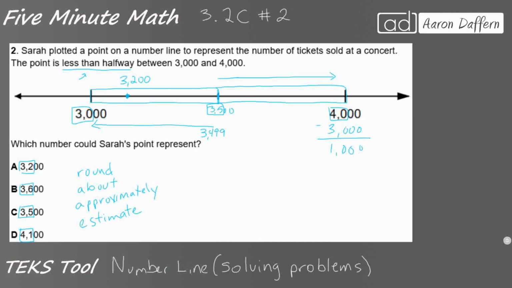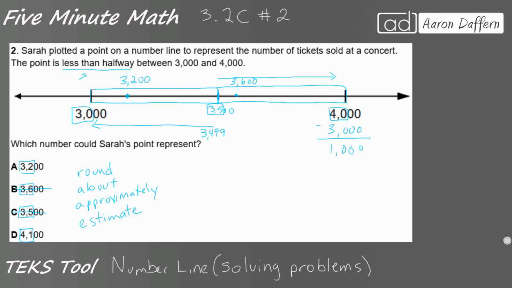Let's look at 36. Okay, so that's going to be above the box. So that's going to actually round up. So we definitely don't need this one. See, now I knew they'd give us C, 3,500. That's right on that midpoint. But remember, the midpoint or above rounds up. So that's not going to work.